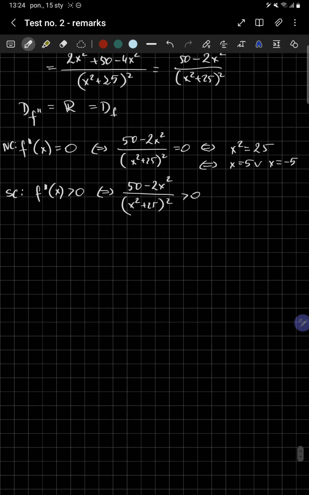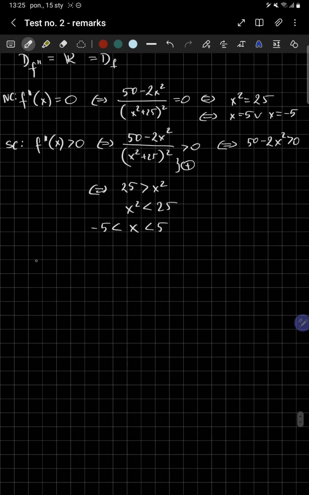As I mentioned before, in the solution of the inequality for the first derivative, when we consider monotonicity, here we need to pay attention to what kind of expression should be greater than 0. Obviously, the denominator is positive, so the inequality simplifies a lot. So we have a very standard quadratic inequality. We have that 25 is greater than x squared, or if someone prefers, x squared is smaller than 25, so x must be between minus 5 and 5.